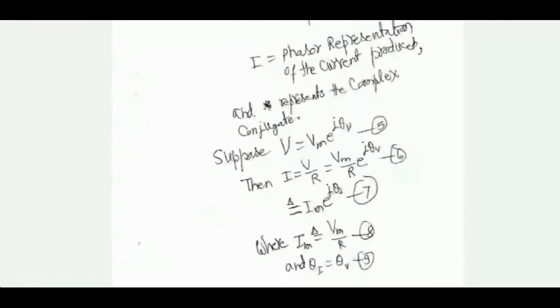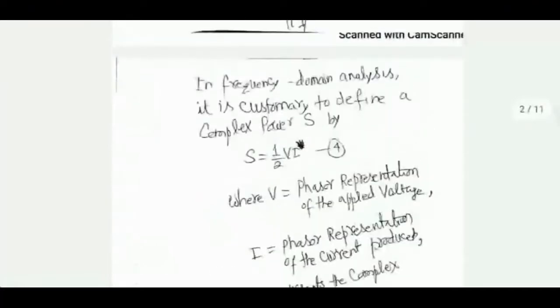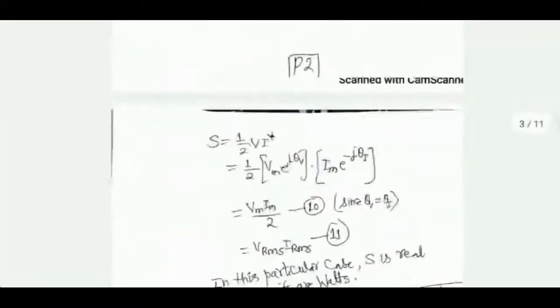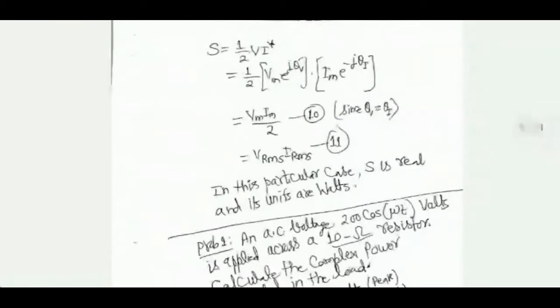Now, once I have got V and I figured out, I use the definition of S. Half V into complex conjugate of I. V is Vm e to the power j theta V. I is Im e to the power plus j theta I. So if I take complex conjugate, it becomes Im e to the power minus j theta I. Okay.